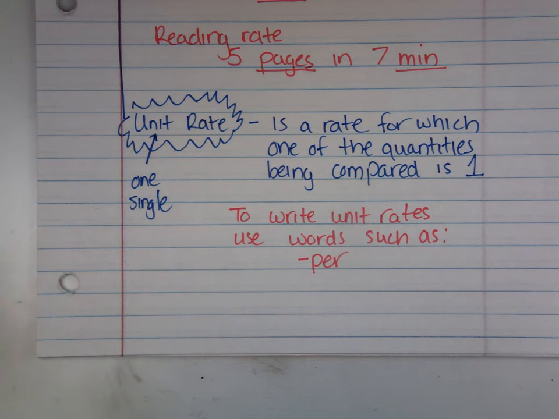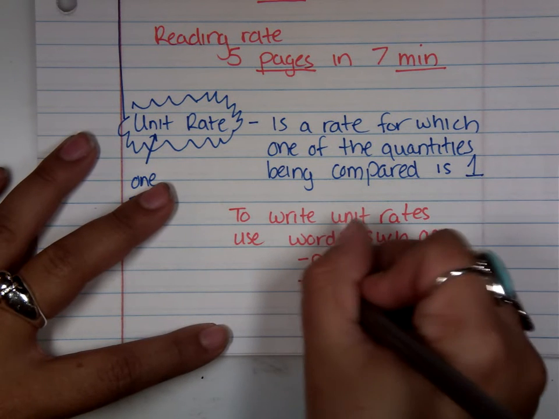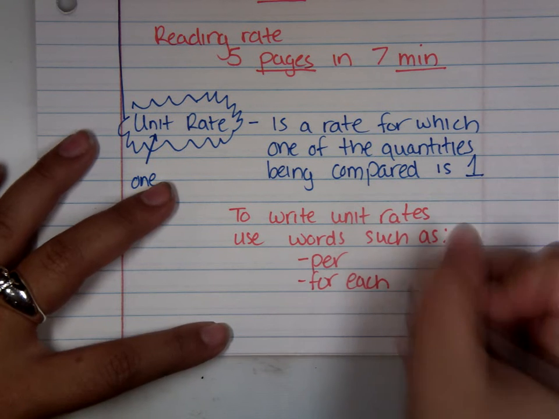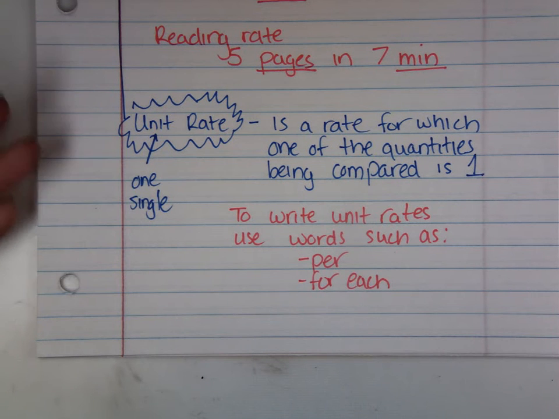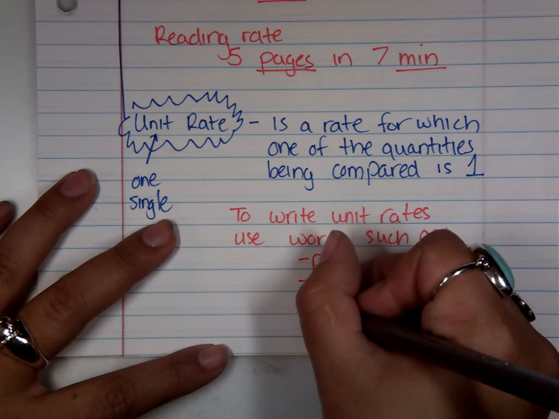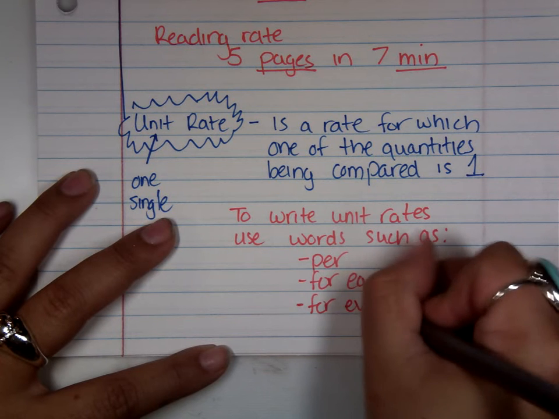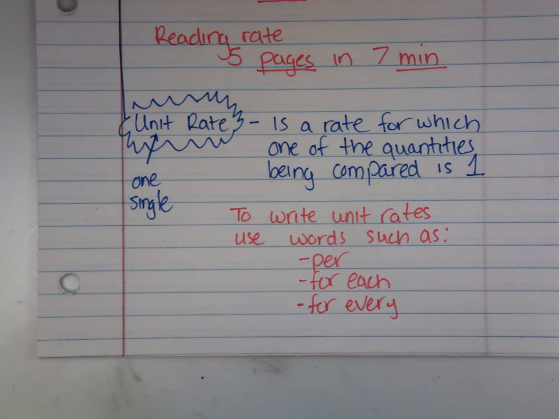That means I'm going 65 miles for every hour. You might see the words for each. So the same thing, 65 miles for each hour. And then the last you might see is for every, which I just used a second ago. So if I'm going 65 miles per hour, I'm going 65 miles for every hour that I drive.